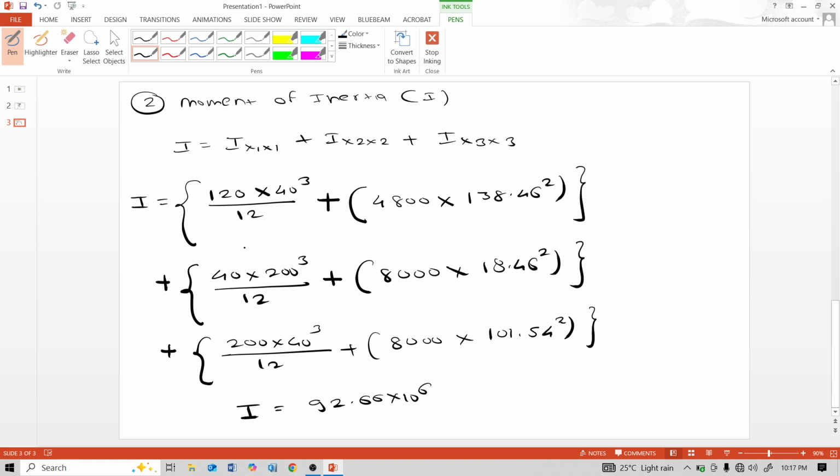This calculation is only for the first curly bracket. Plus the next curly bracket, 8000 multiplied by 18.46 square plus 40 multiplied by 200 cube divided by 12, is 29.39 into 10 raised to 6.